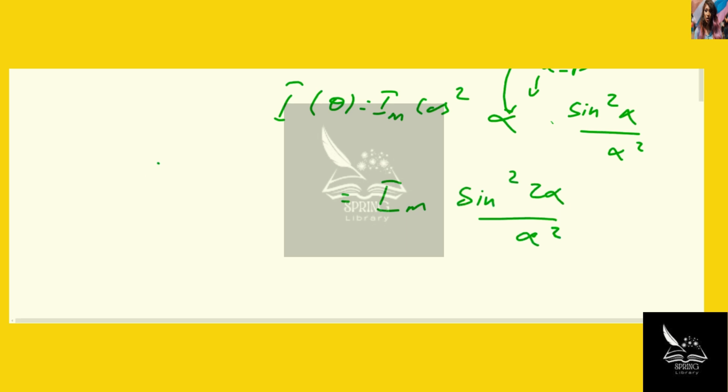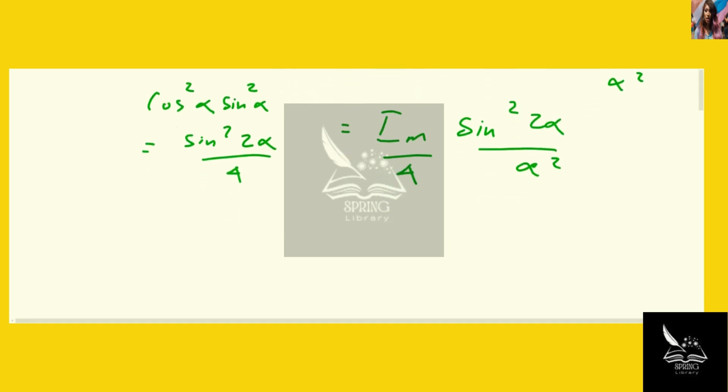Remember, cosine squared alpha, sine squared alpha simplifies to sine squared 2 alpha all over 4. And so this is over 4. We've simplified that.